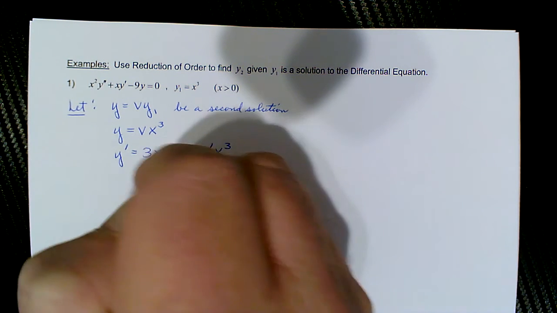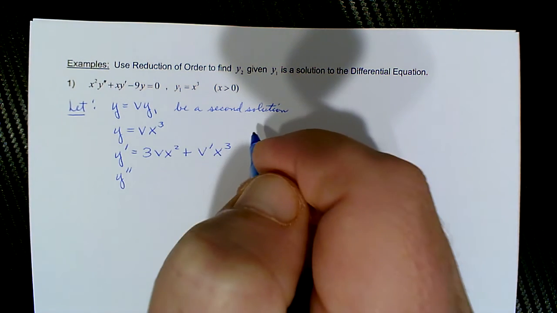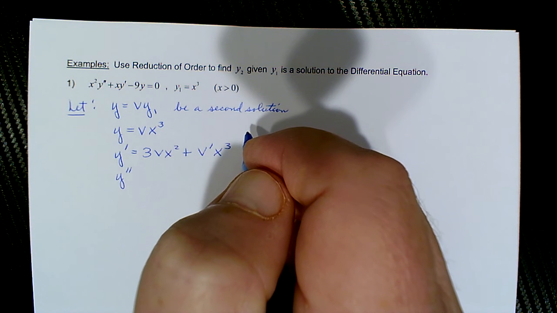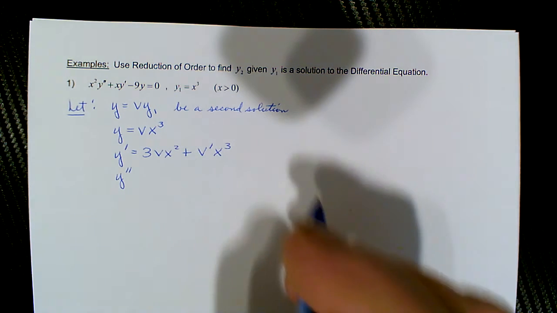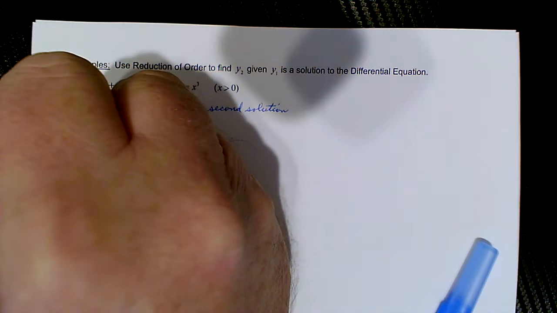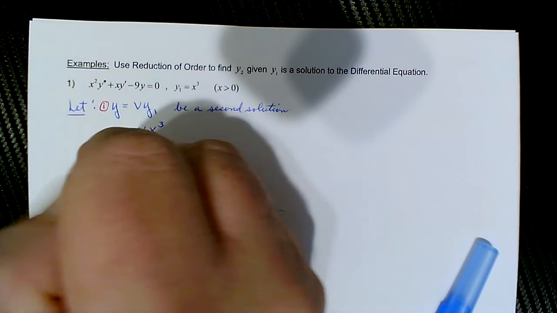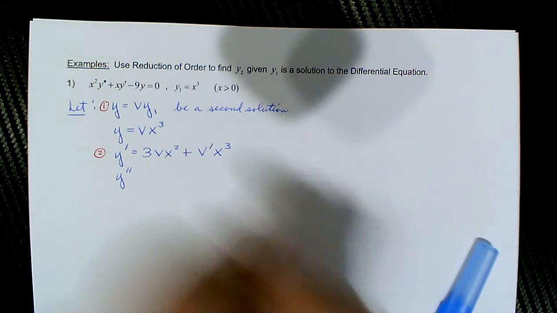So v prime x cubed. And then we need a second derivative. So basically this is step 1. And here's step 2, finding two derivatives.